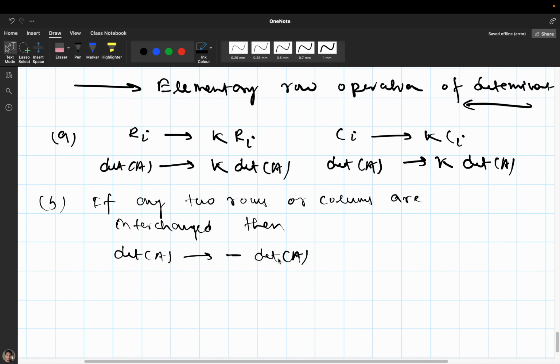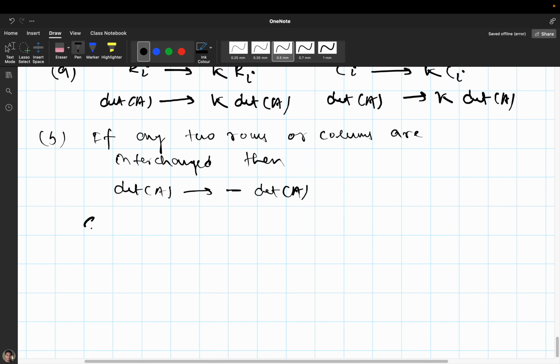The thing is, suppose here epsilon ijk a1i a2j and a3k. If you interchange, then this index will interchange, and that will become jik, and that will be 1i 2j 3k.